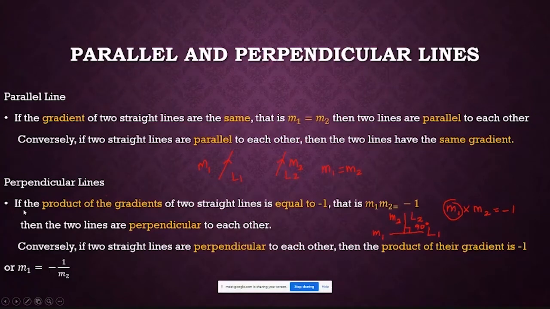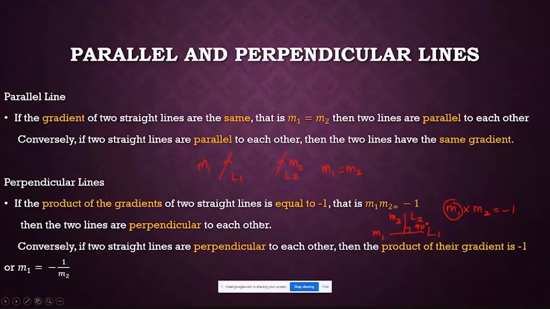We can say that the product, meaning multiplication, of the gradients of two straight lines is equal to -1. So this is our formula, the relation between two lines: M1 times M2 equal to -1. Then the two lines are perpendicular to each other.